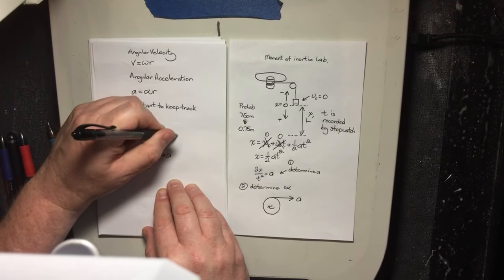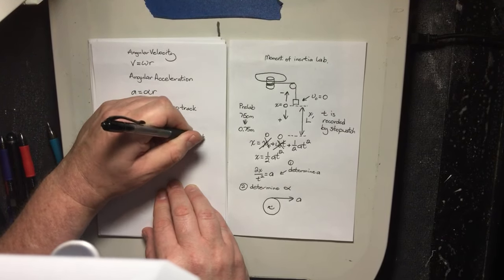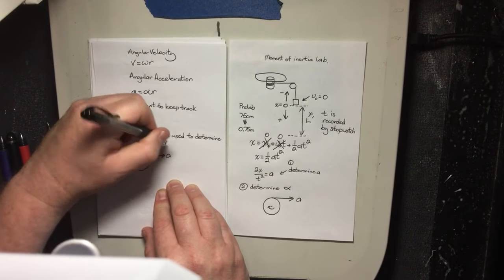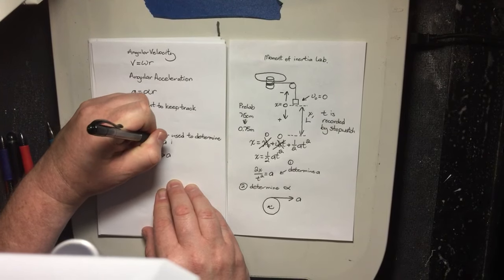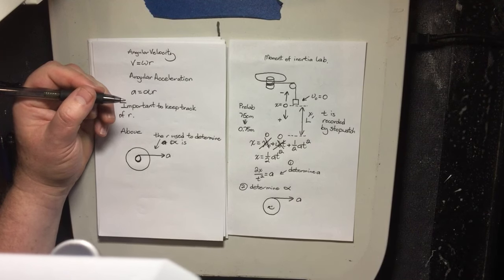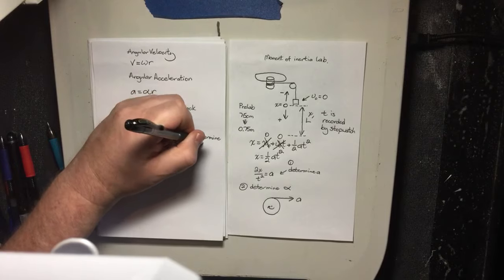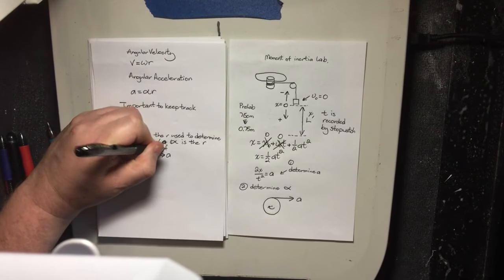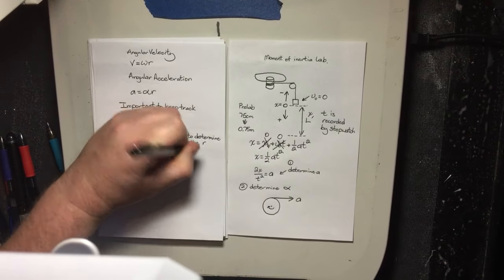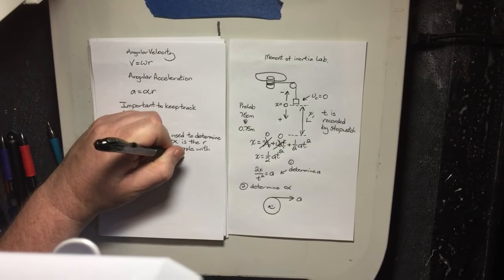The R used to determine alpha is the R of the axle with the string.